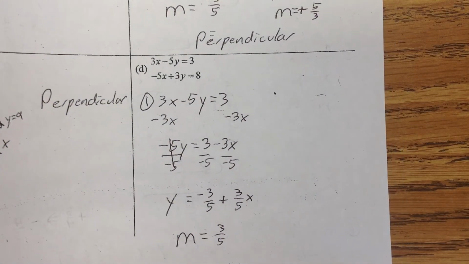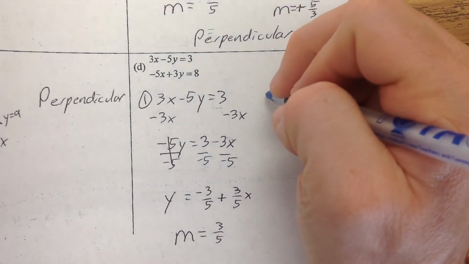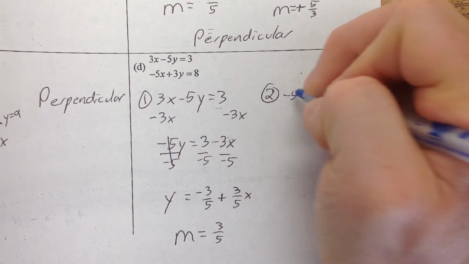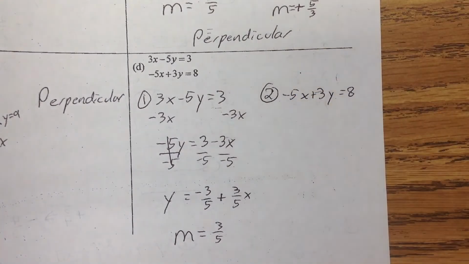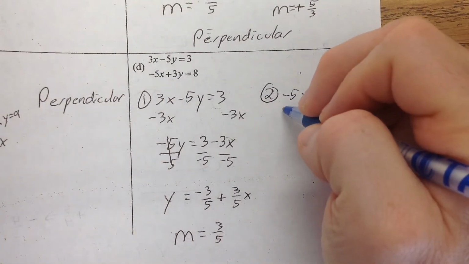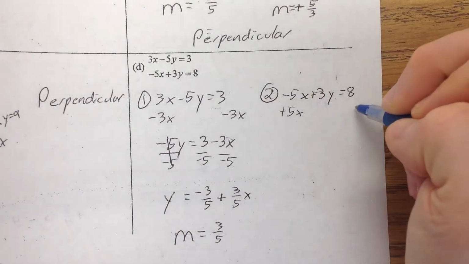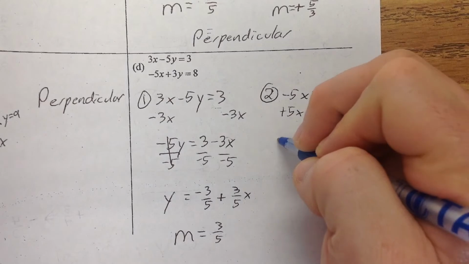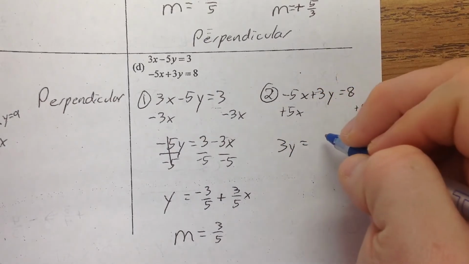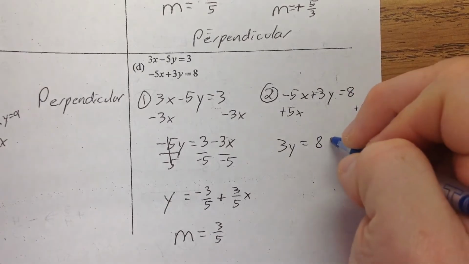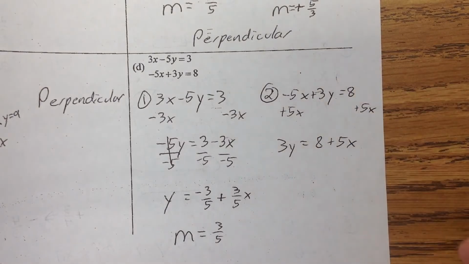3/5. All right, let's take a look at the second equation. Negative 5x plus 3y equals 8. I've got to move the x over again. This time I'm going to add 5x to both sides. So now I've got 3y equals 8 plus 5x.